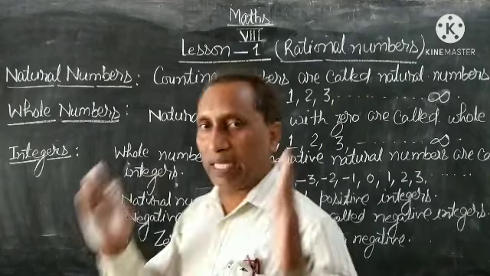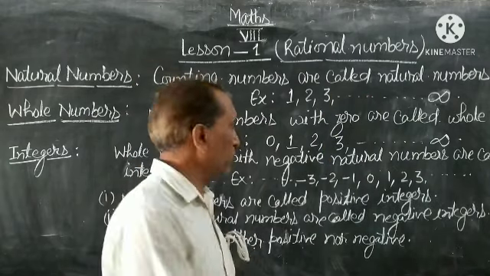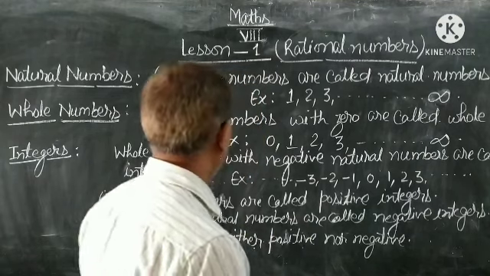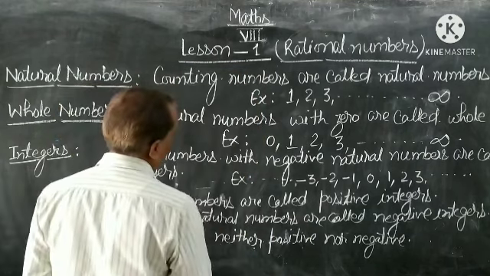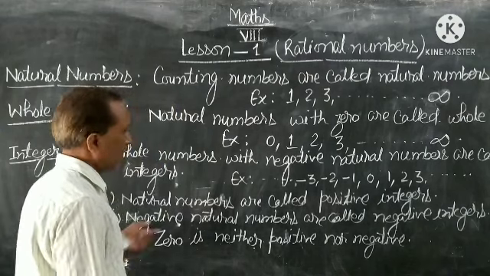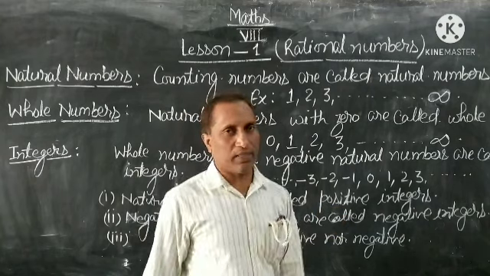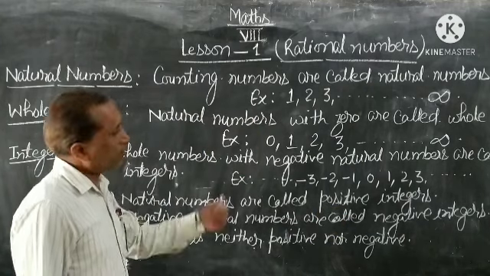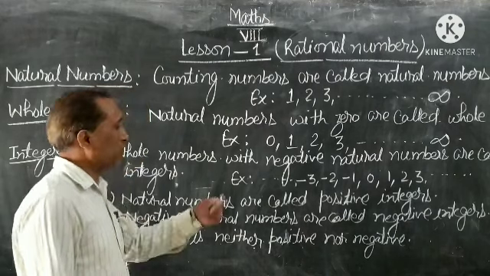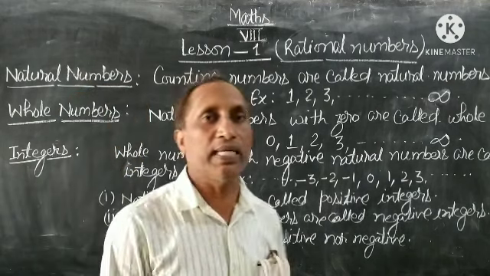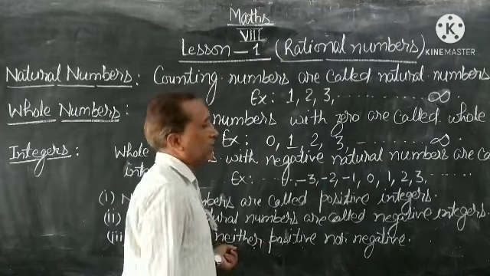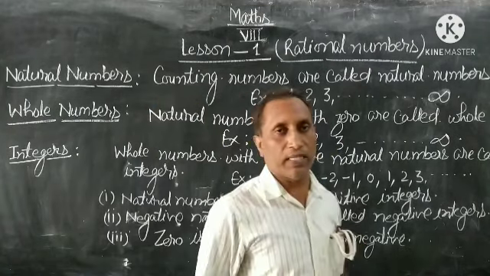There is no smallest integer and there is no greatest integer. Integers are divided into two parts, positive integers and negative integers. Natural numbers are called positive integers and negative natural numbers are called negative integers. And 0 is neither positive nor negative.